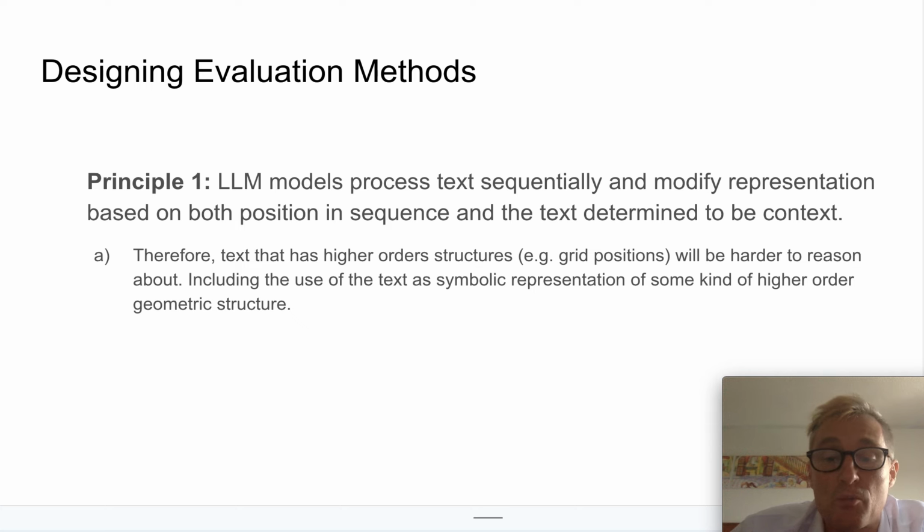Those things should be harder for the model to learn, because they're not designed for that task of higher-order structure representations beyond the pure sequence.